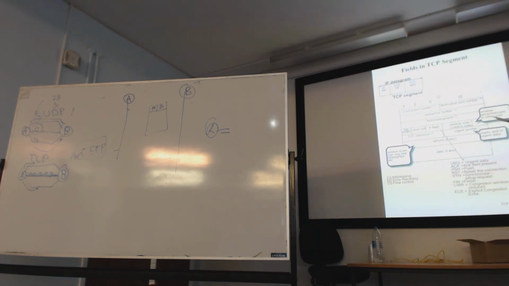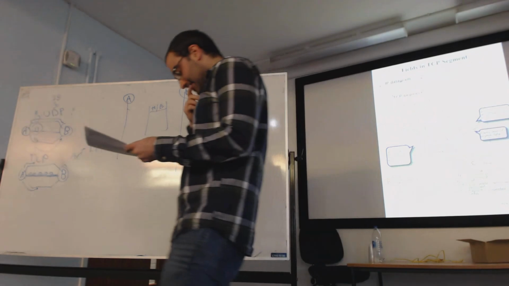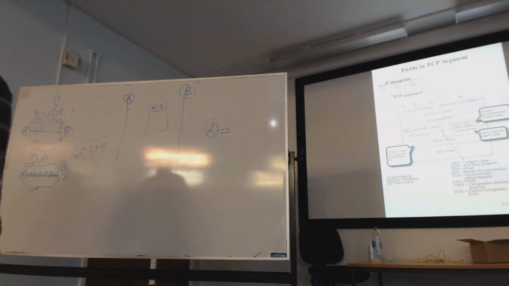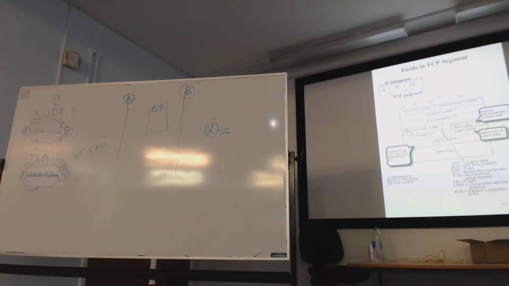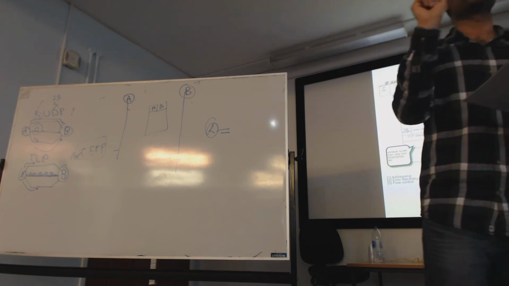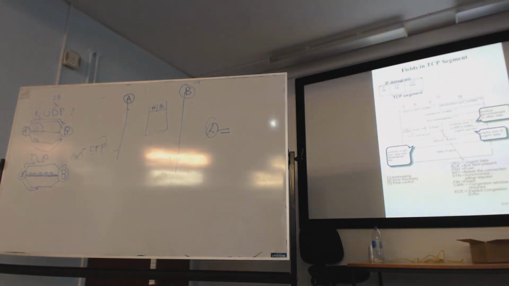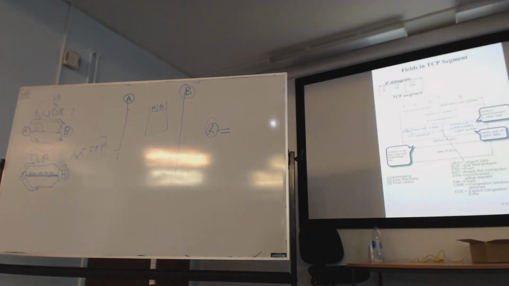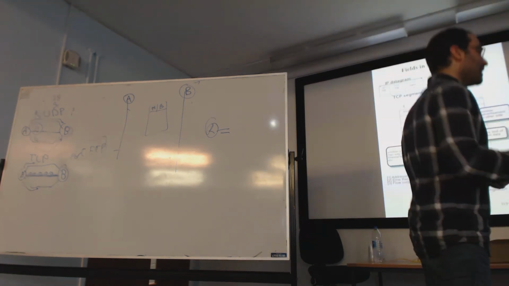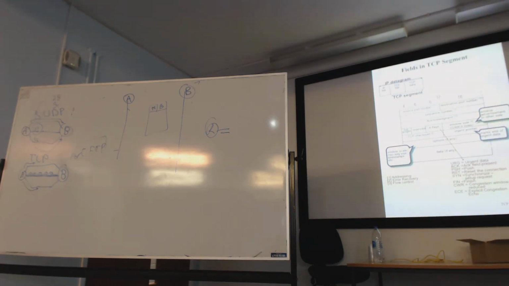Header length. What's that? We had a length in UDP as well, which is similar to this one. It's basically your header size, so whatever you have as data and header will be stored here. That's the size of the actual packet. And with TCP, we have something called the maximum segment size.